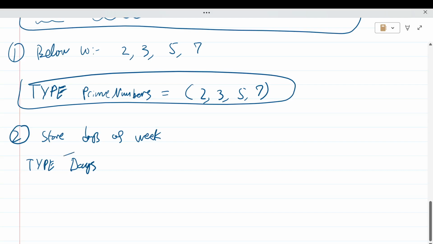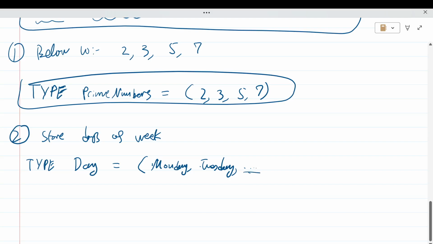Sometimes you're also going to see a key at the beginning of the variable name. It's nothing to worry about, and it's not necessary. So, type Day is equal to, starting the brackets, Monday, Tuesday, and then all of the days.